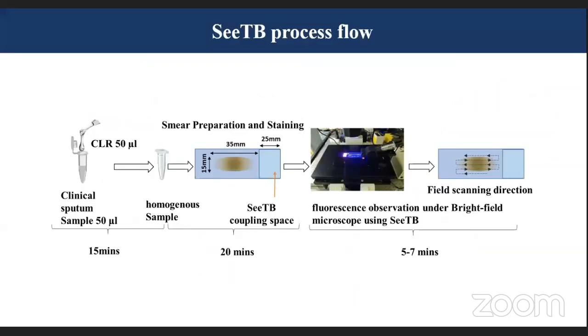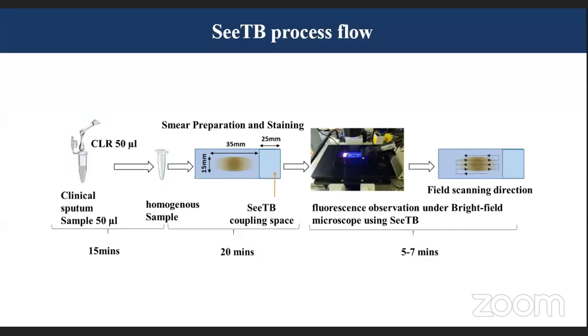This is the SeeTB process flow, which we developed over time, where a very small part of the sputum, 50 microliters, is used, and an equal amount of CLR is added, and the sample is left to homogenize for some time. This whole process takes 15 minutes.